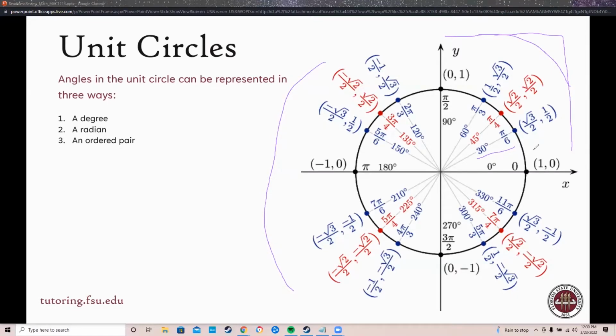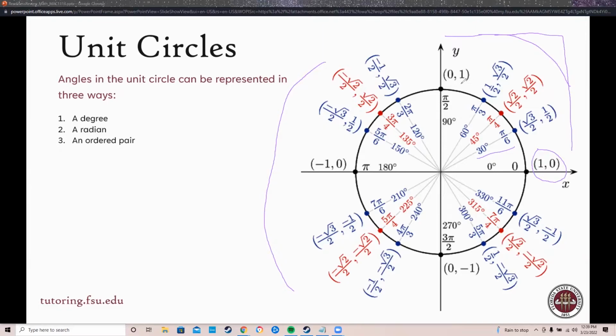Again, cosine correlates to the x value. So cosine of 0 degrees or 0 radians is 1, or the point (1, 0). Certain values you should be able to pull off the top of your head, because they're very fundamental for math in the future.